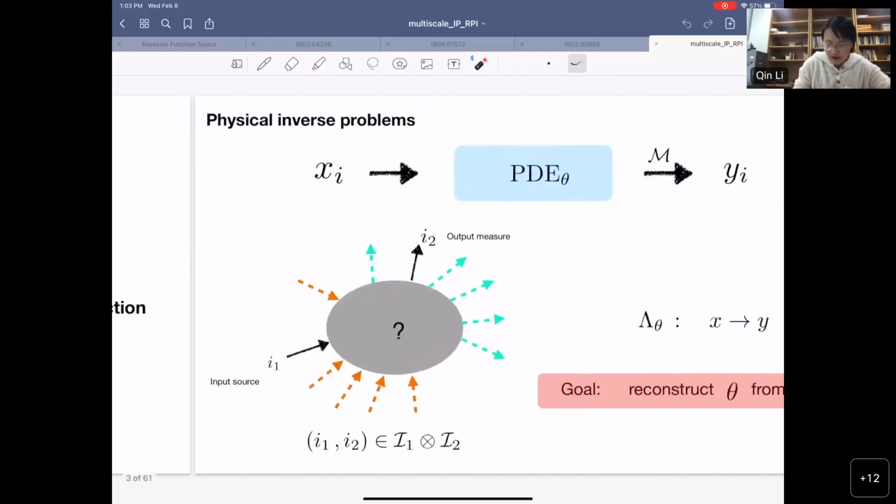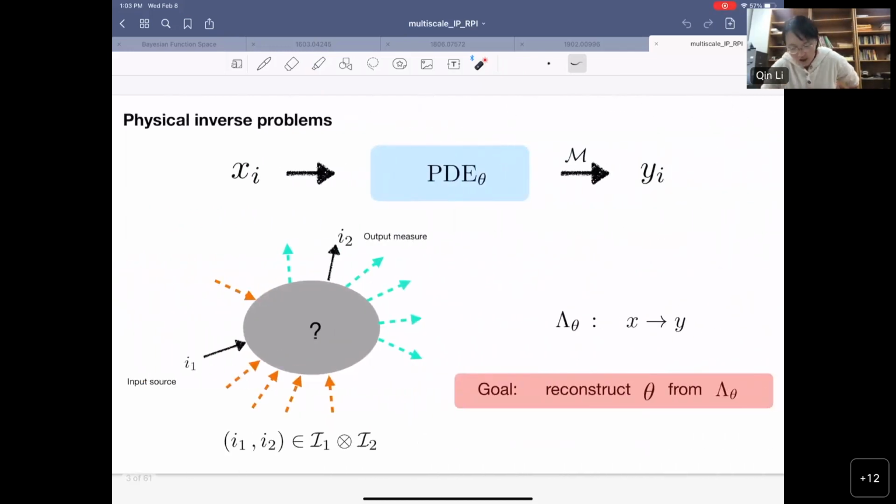Inverse problem. I know that there are a lot of experts in the audience, but nevertheless, let's still go through some basics. What do I mean by physics-based inverse problem? Over here, you have this object, and this object has a medium that is unknown. What I can do is send some signals into this medium, and on the other side of the object, I can collect some information that goes out.